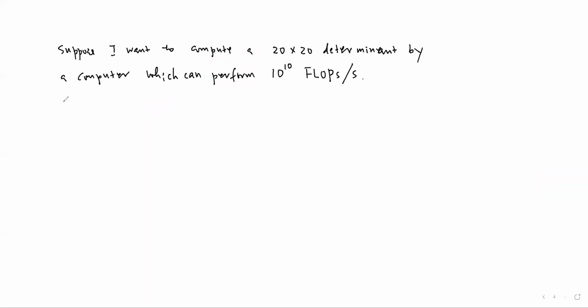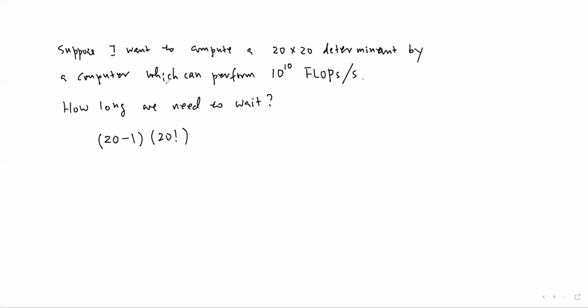For a 20×20 determinant, n is now 20, so n minus 1 times 20 factorial. There are so many multiplications.